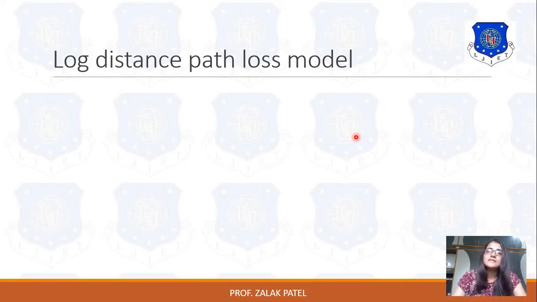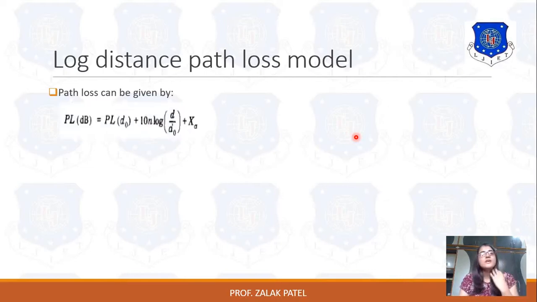As we discussed in the free space propagation model, there is some path loss present in the equation of receive power. Basically, path loss is given by PL in dB is equal to path loss at distance d0 plus 10 n log d by d0 plus X sigma. In the case of the free space propagation model, path loss is equal to 4 pi d upon lambda whole square.